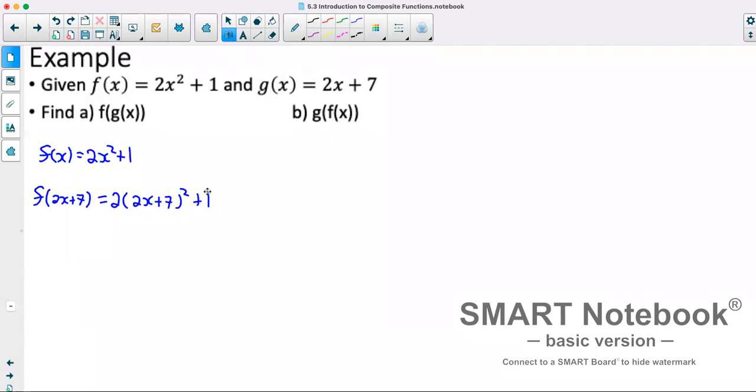Next, we'll want to expand this out. So we'd have 2 times (4x squared plus 28x plus 49) plus 1.